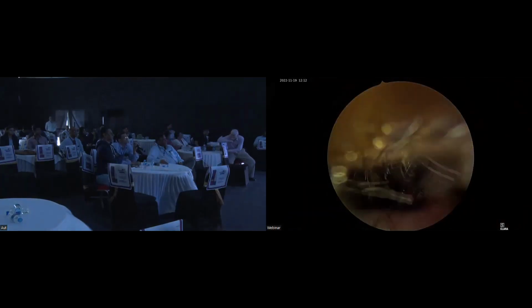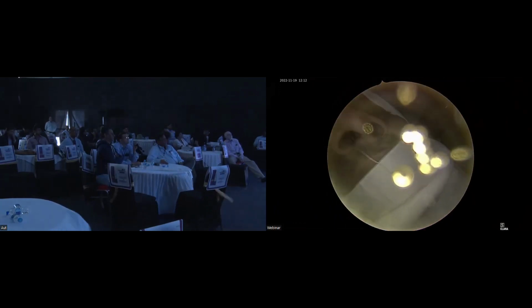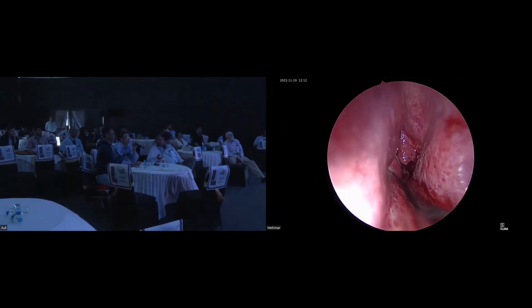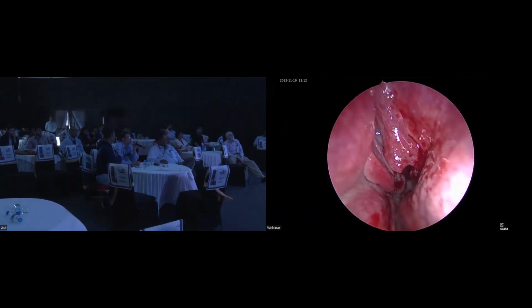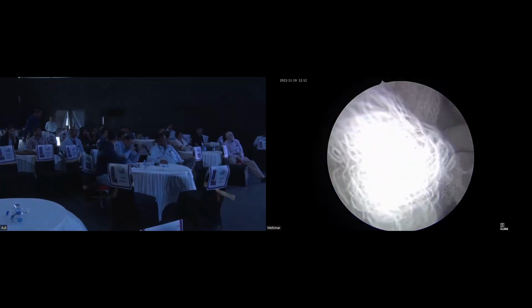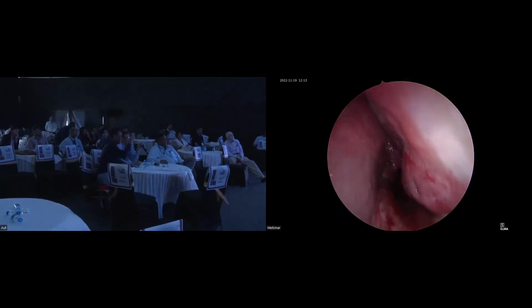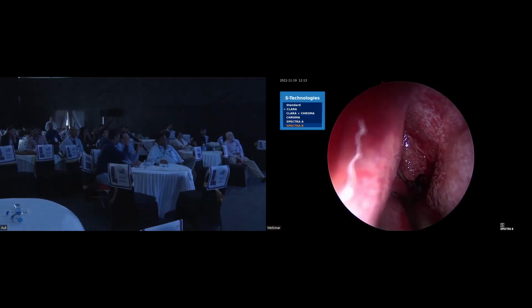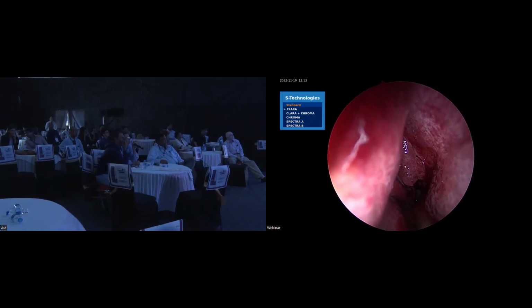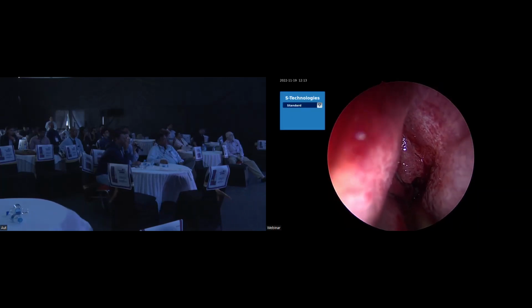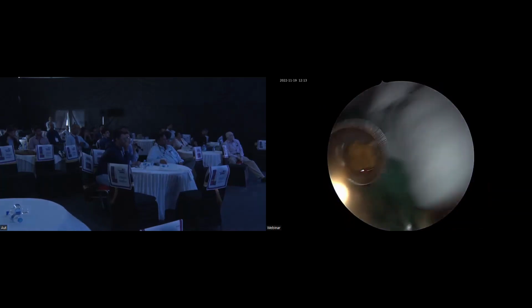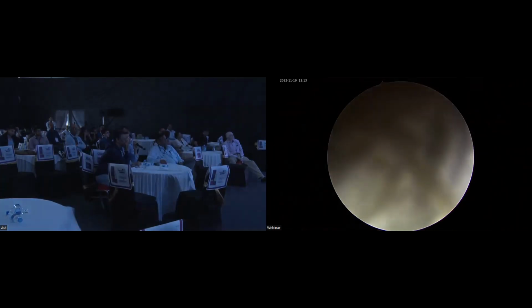Just see whether the picture at your end is improving or not. Just let me know. Is it a little better? Little better. Can you change it to the standard one? Let me try. Is it better? Because for me on the screen, it's very good. It's the color of the projection, maybe.